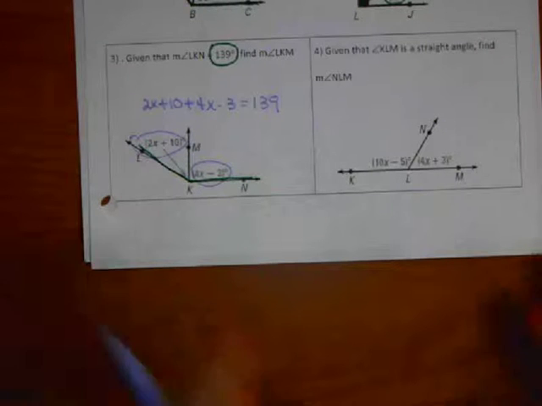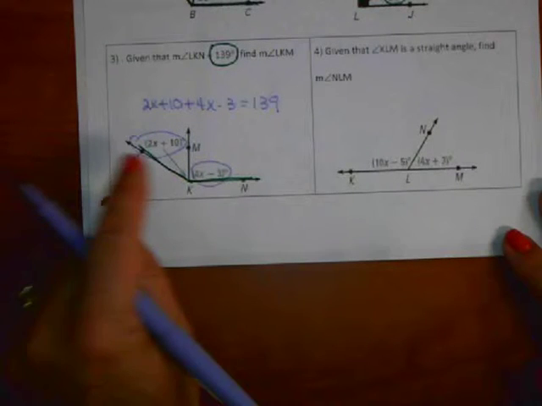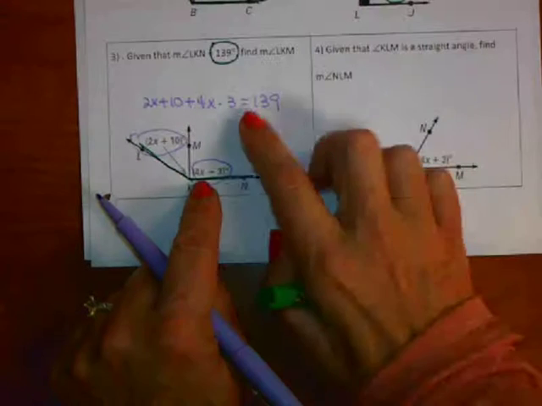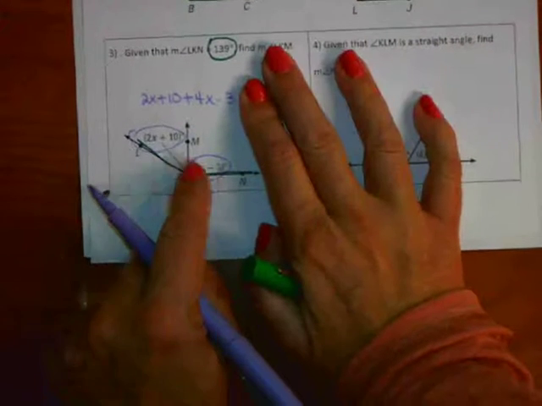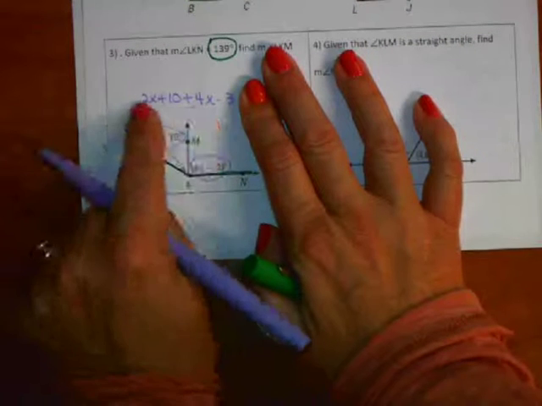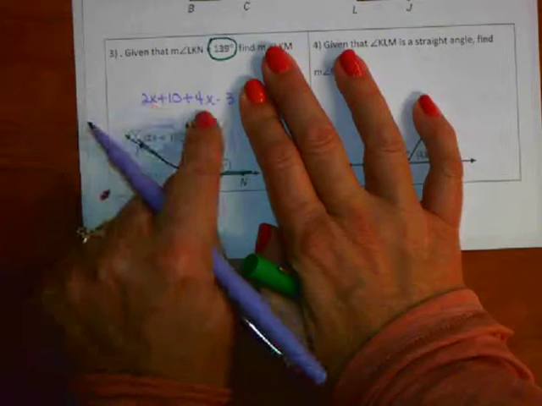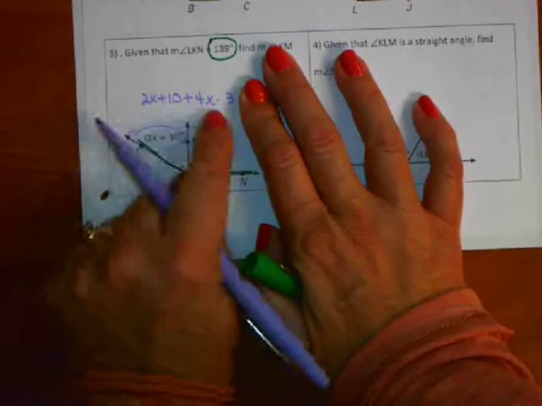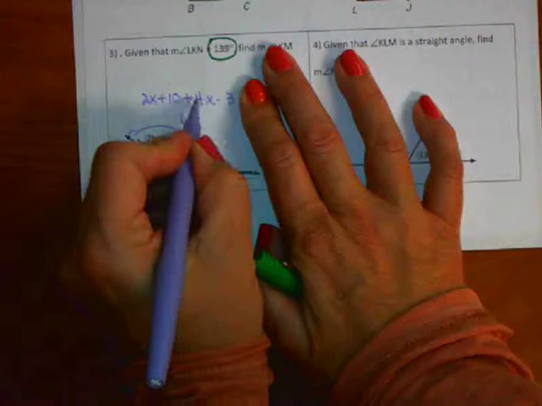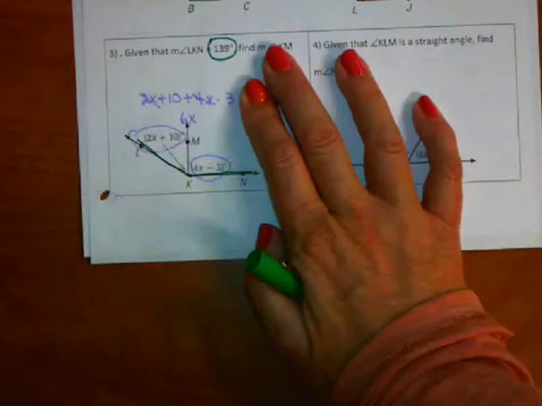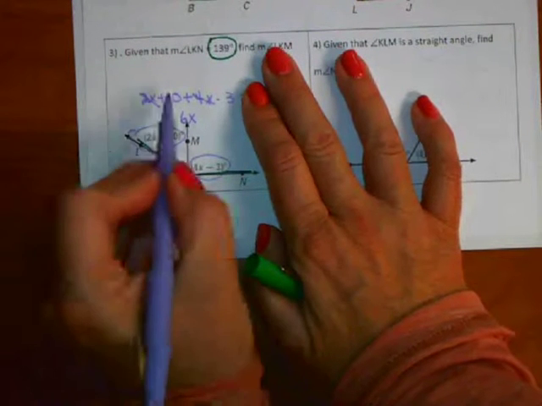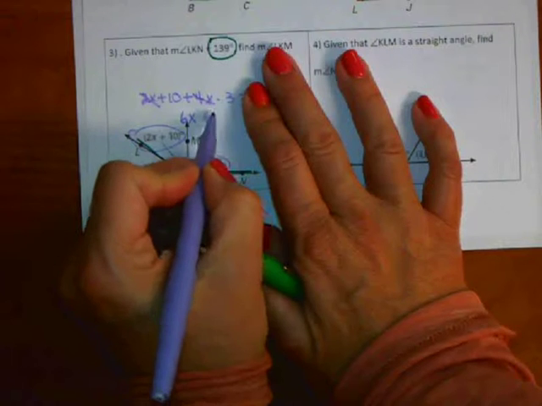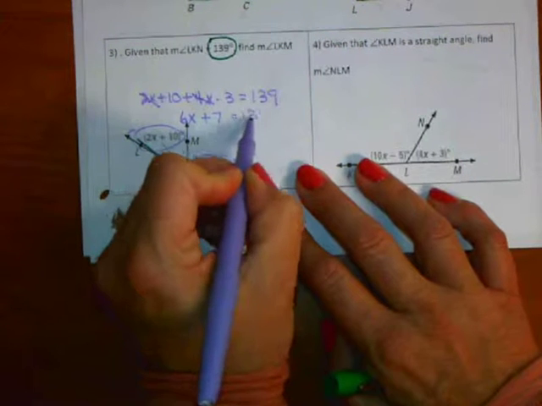Now it's asking me to find one of the angles, but in order to do that, I have to find x. Don't do anything until you combine like terms here. How many x's do I have on this side of the equation? Altogether, 2 and 4. So how many x's altogether? 6x. I combine those, 6x, and then I have 10 take away 3, plus 7 equals 139.